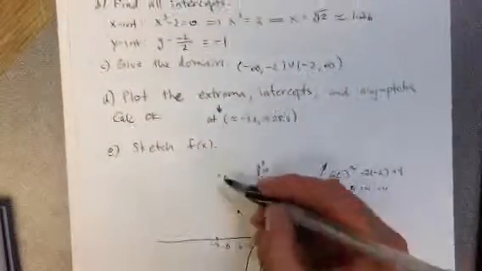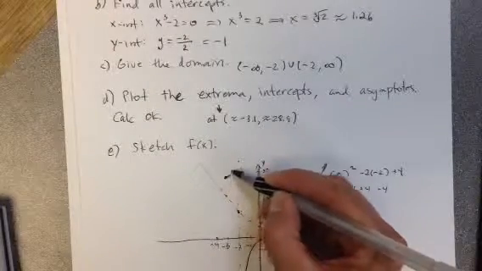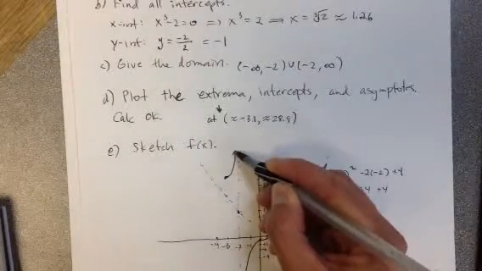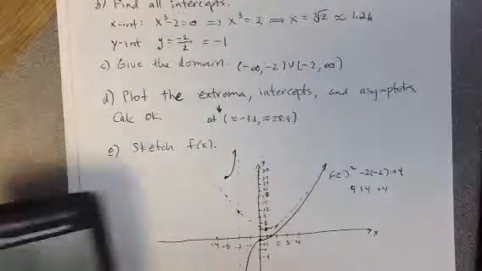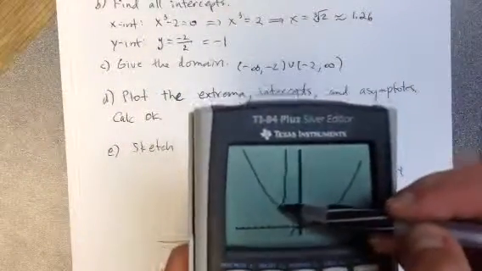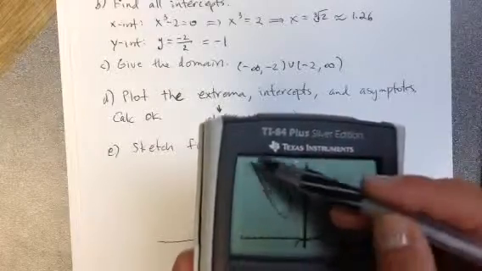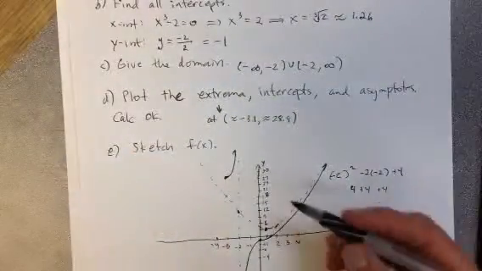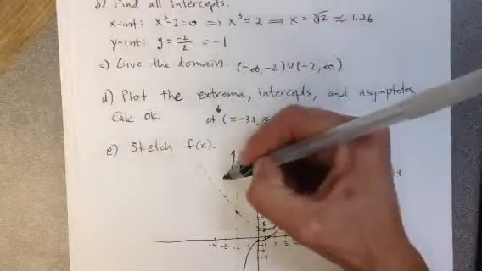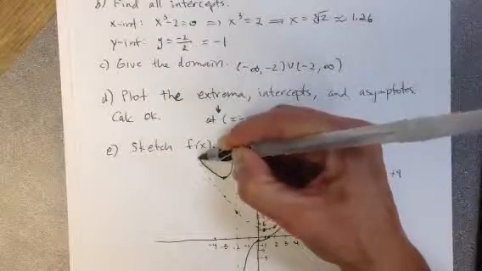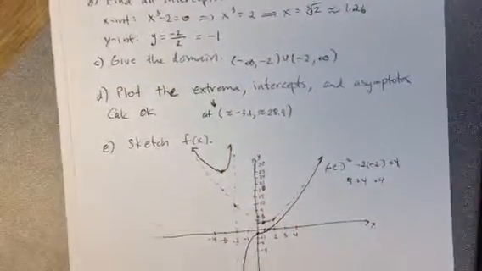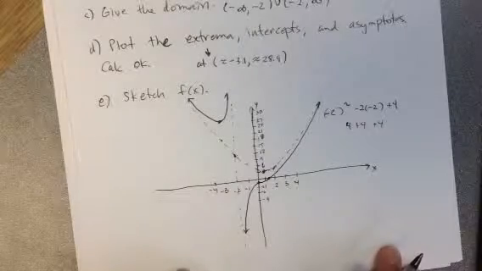So here it's going to be going up, up, up, up, up there. And this side is following the end behavior asymptote toward -infinity. So that's going to be following that. Okay, so here, this is the graph of the function.